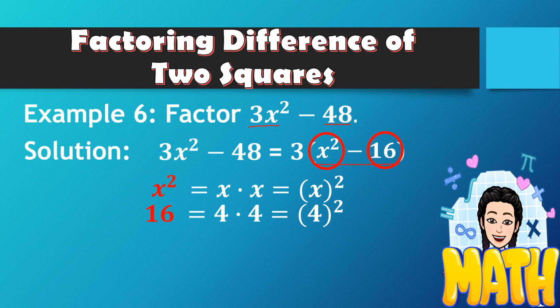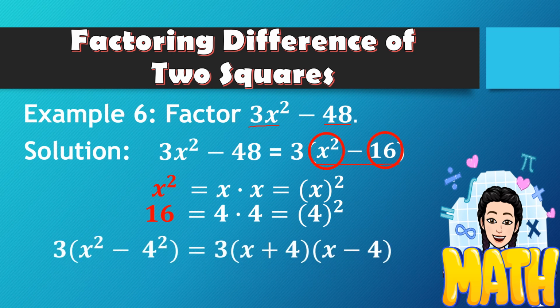Now, to get the factored form, we're going to use x and 4. But don't forget to include 3. Remember, meron tayong common factor na finactor out kanina. So, magiging sagot natin ay 3 times yung product na ng sum and difference ng x at 4.